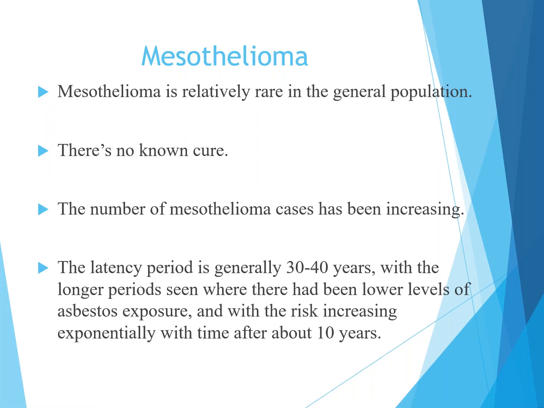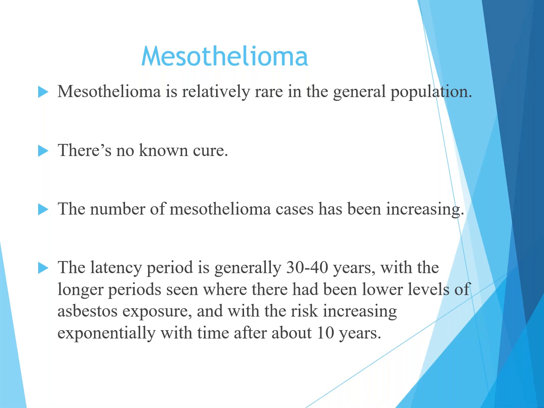So mesothelioma, again, we're not going to cover this at length. It's relatively rare in the general population, which is even more interesting because in the cases that we have seen, there's almost always a direct line to exposure to asbestos. Unfortunately, there's no known cure. As we talked about earlier, those asbestos fibers are penetrating deep into our lungs.